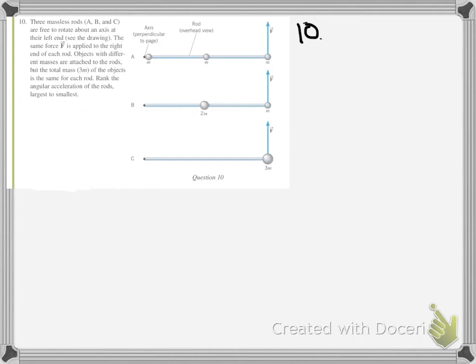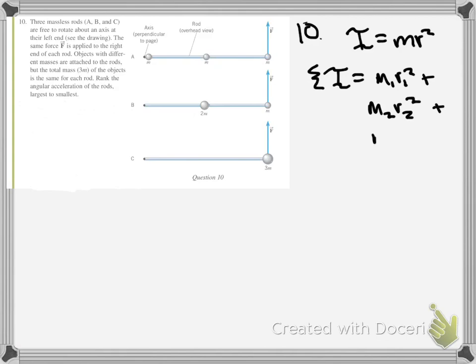Alright, so first things first, we know that inertia is equal to mr squared. We also know that the net of anything is just everything added together. So the net inertia is just m1r1 squared plus m2r2 squared plus m3r3 squared and so on.